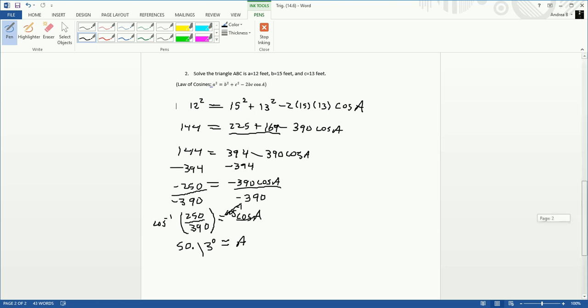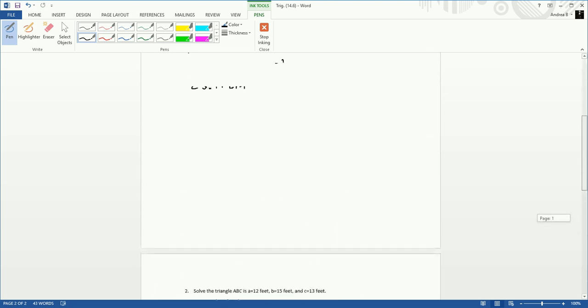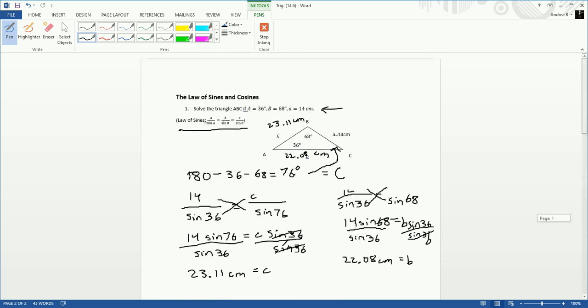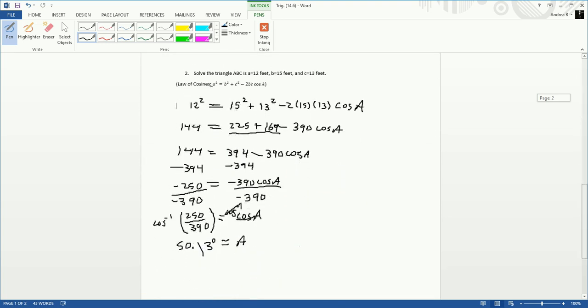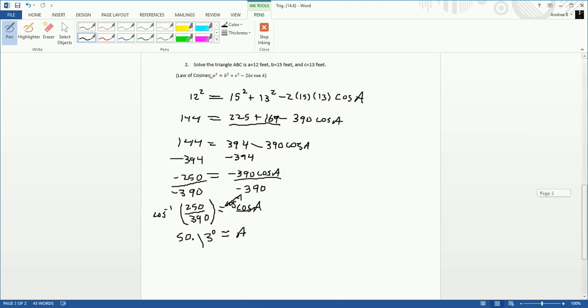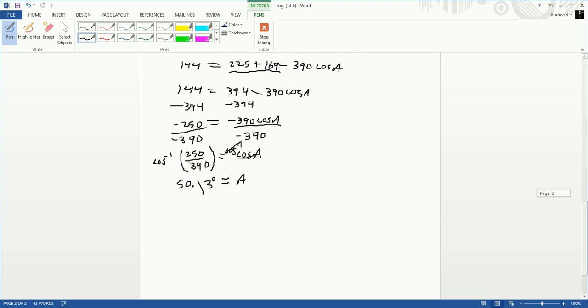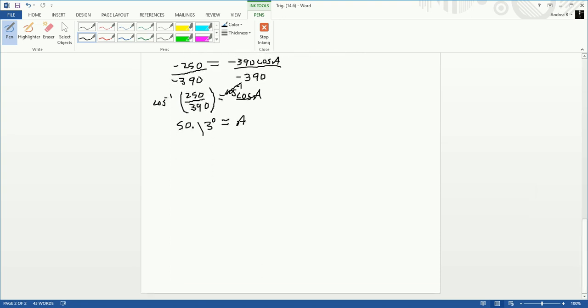In the law of sines, you have a side over sine of the opposite angle, so you need at least 2 sides and an angle, or 2 angles and a side, which we do not have for number 2 to begin with. That's why we had to start with the law of cosines. But now that we have one angle, we can go back to the law of sines.